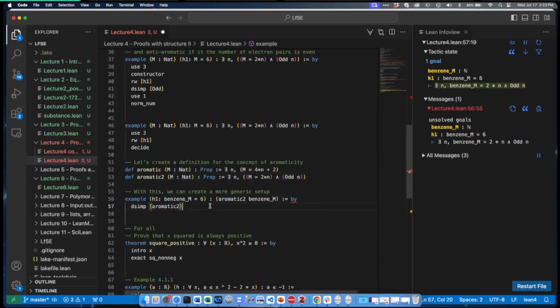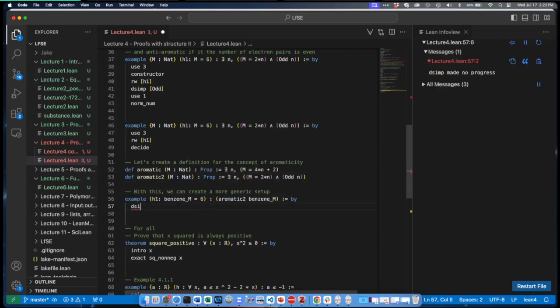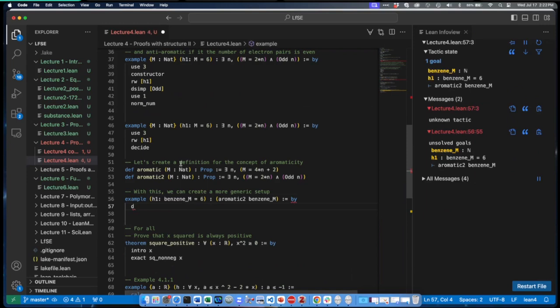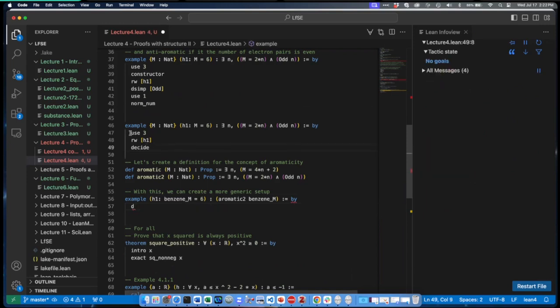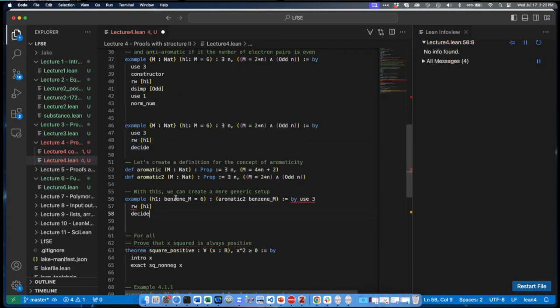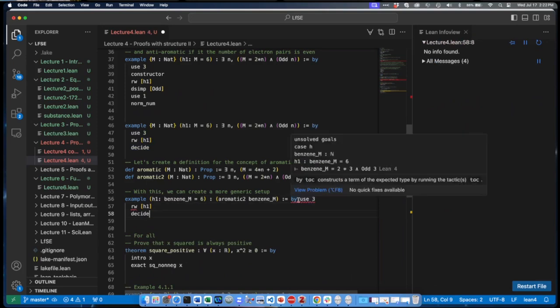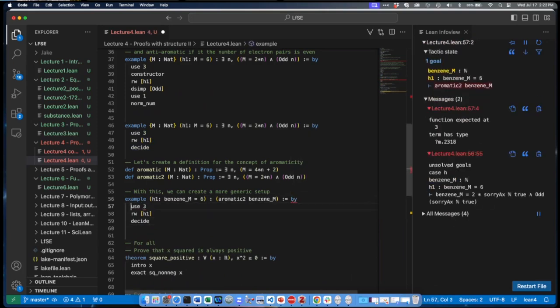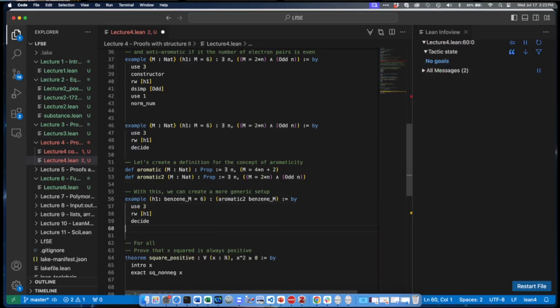I can do that. I can also just cut to the chase and follow this exact proof. I'll just copy it. Close the goals. Okay, the same thing works.